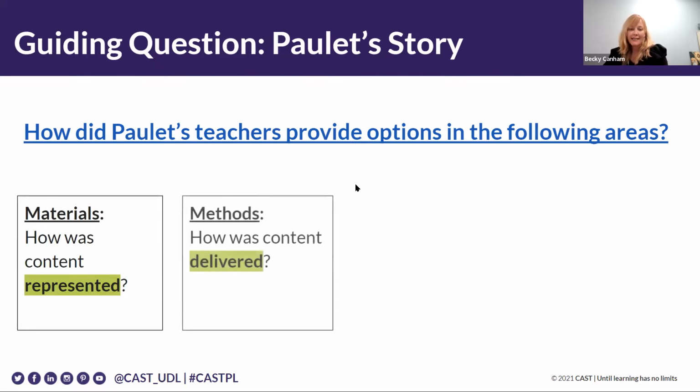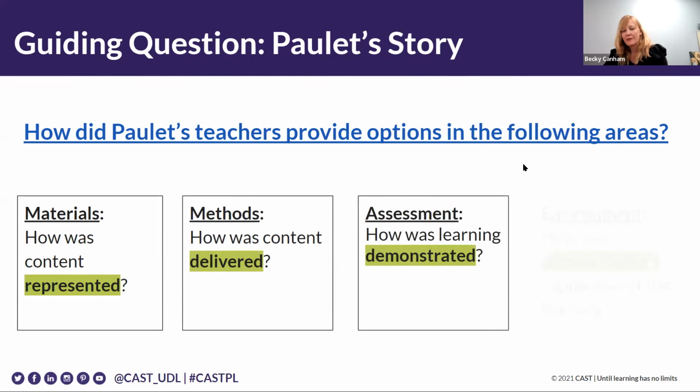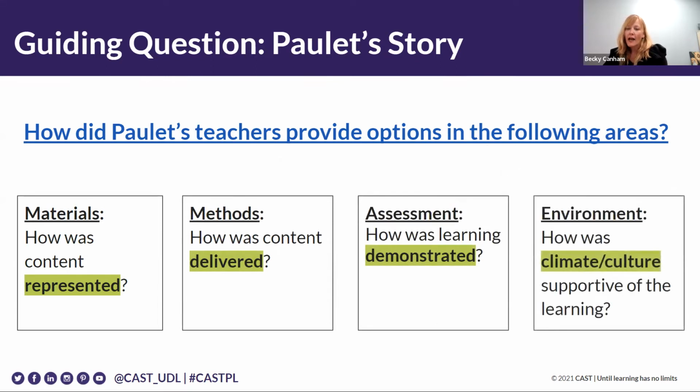As you listen, think about the guiding question: how did Paulet's teachers provide options in the four areas of a learning experience: materials, methods, assessment, and environment?